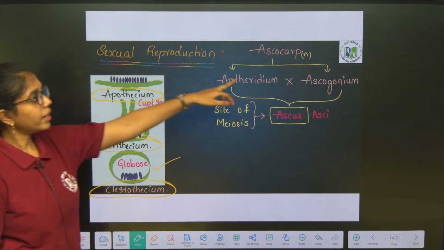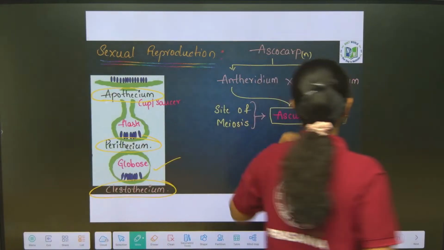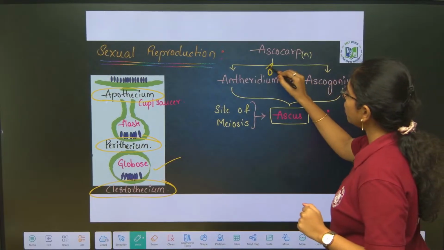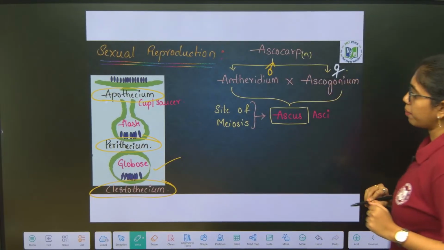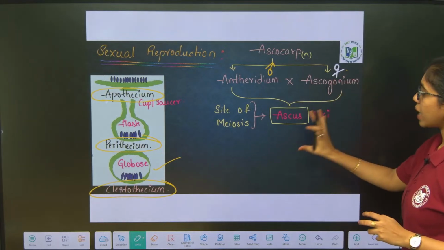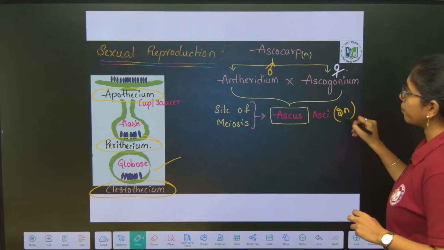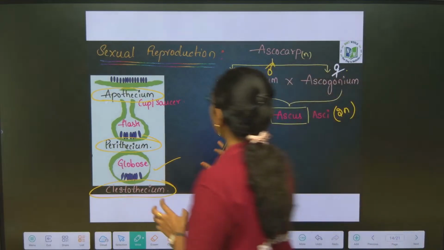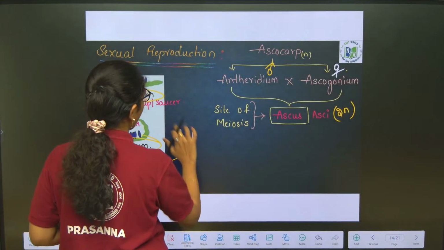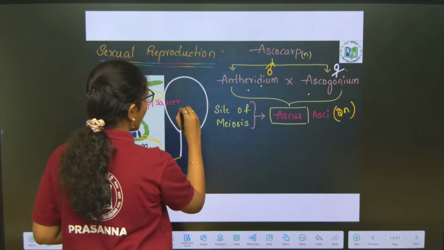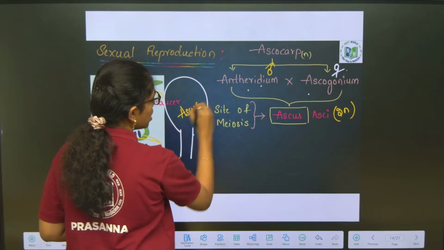The ascocarp is haploid and has both antheridium and archegonium, male and female gametes, which will fuse and form the ascus, which is diploid. Inside the ascocarp, fusion happens, and inside the ascocarp only the ascus is formed.